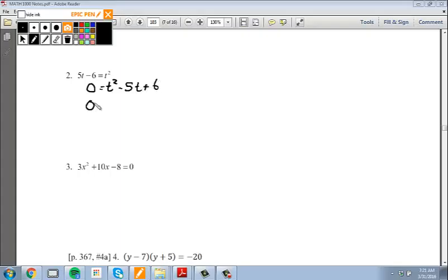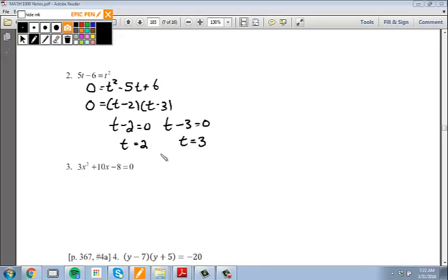Then I'm going to try to factor this, and it's t minus 2, t minus 3, because negative 2 plus negative 3 is negative 5, and negative 2 times negative 3 is a positive 6. Then set each factor equal to 0. So if I add the 2, t is 2, and if I add the 3, t is 3. Kaboom! That all checks out.